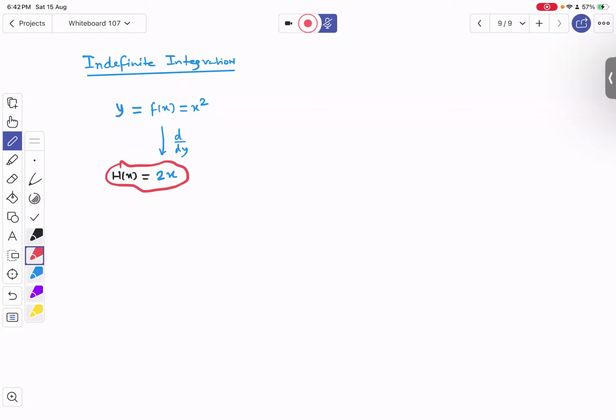However you answer it, you can see that it must be x square, because on differentiating x square only I see 2x. So finding the function when the differentiation of the function is given is called integration.